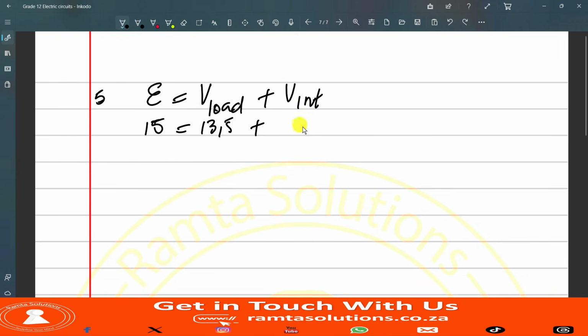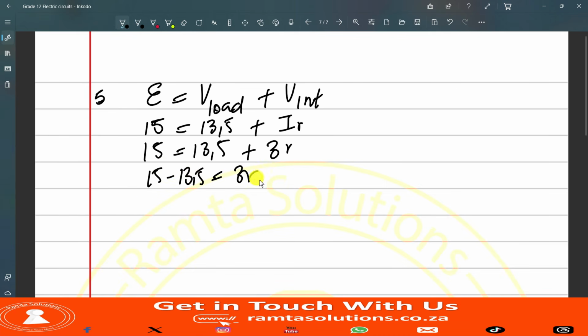It's unknown, but we can say it is IR. So this is 15 equals 13,5 plus 3R. 15 minus 13,5 equals 3R. When you look at this, then you will say this looks like 1,5. 1,5 equals 3R. Therefore, internal resistance is, what is it? Is 0,5 ohms. Right? Internal resistance is 0,5 ohms.